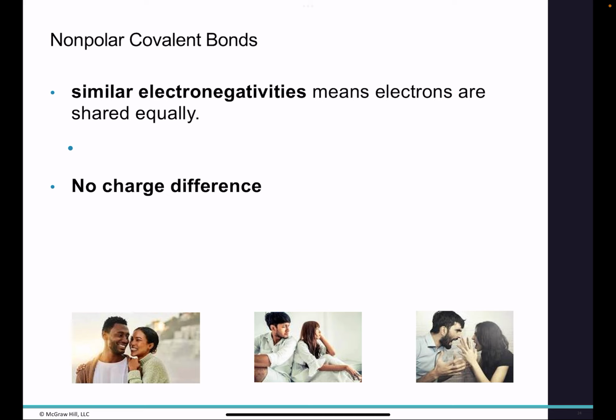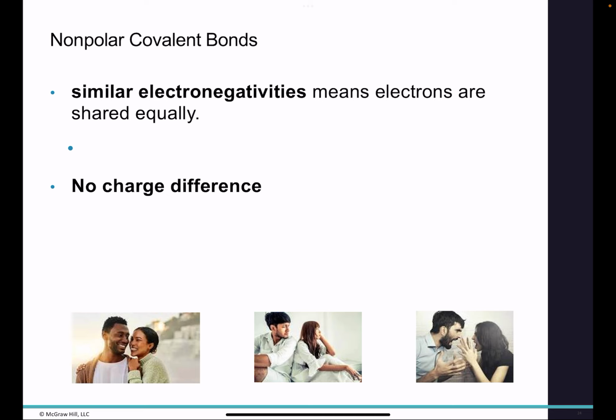Now, what this is going to mean for the atom as a whole is that there's not going to be any charge difference between your atoms. And we'll see what this means when we look at polar molecules. But basically, if we have an electron that is being pulled towards one atom, it's going to spend more time there, which means that atom is going to take on a slight negative charge.